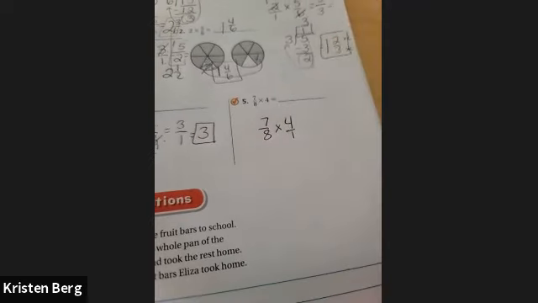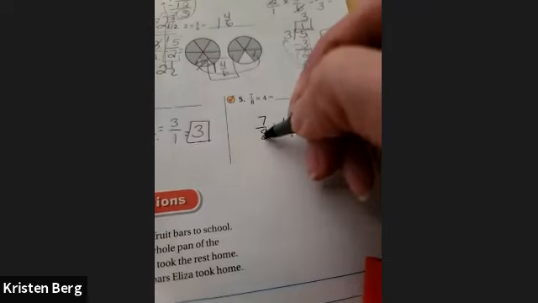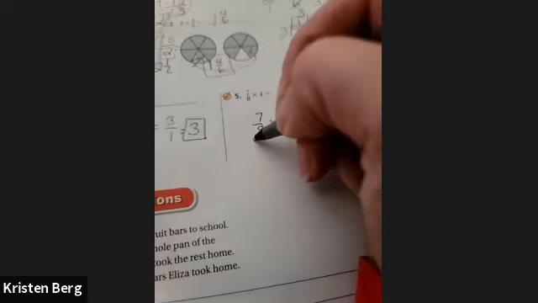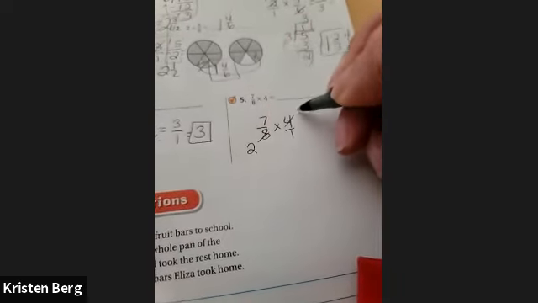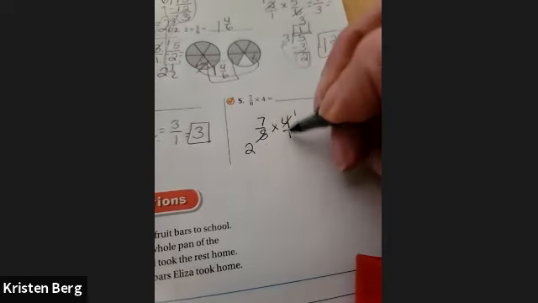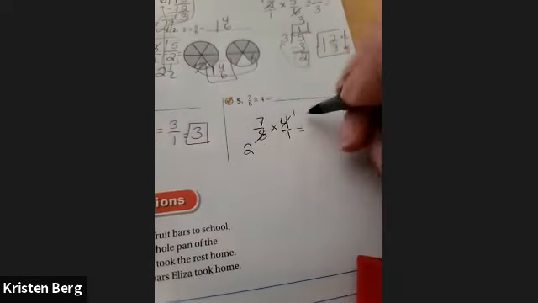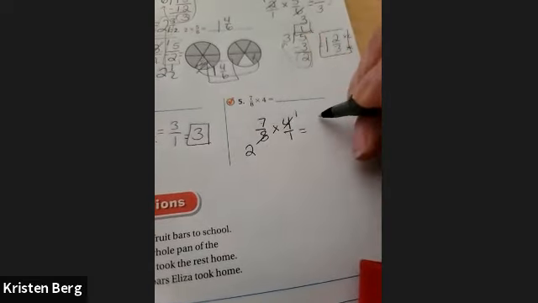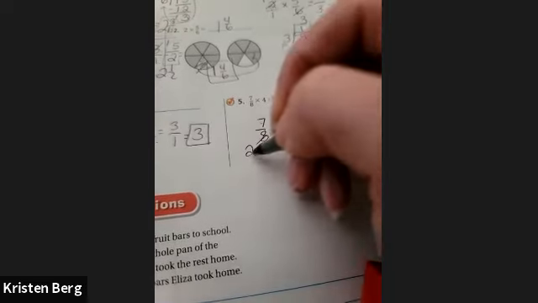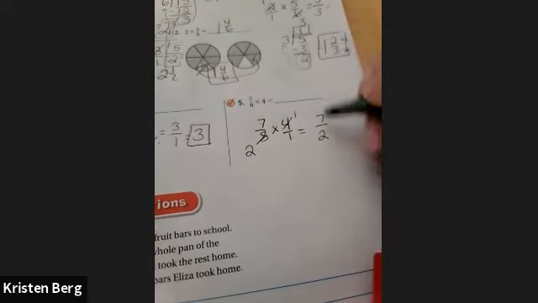So I'm going to put it over 1, and I'm going to see if any cross canceling. 4 can go into 8. How many times? That would be 2. So then this one would be once. So then 1 can go into 7 times. So that does not change anything. So go across. So it'll be 7 times 1 is 7 over 2 times 1 is 2 now. So this is improper.